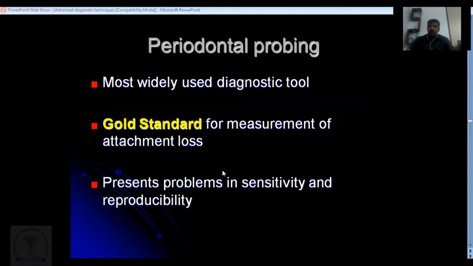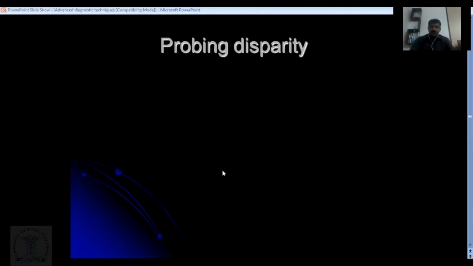And after some time, someone asks me to probe once more, and when I probe, the probing depth is 4 millimeters. So I can't reproduce the measurement that I got earlier. So there are problems with sensitivity and reproducibility. So you need better probes. You need advanced probing systems.